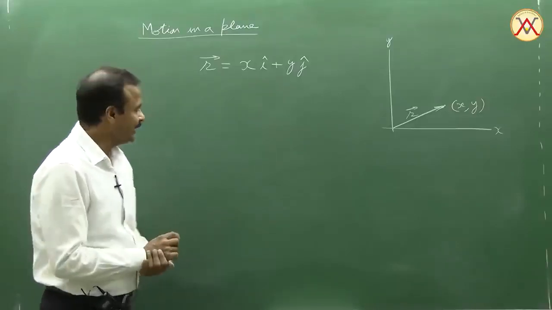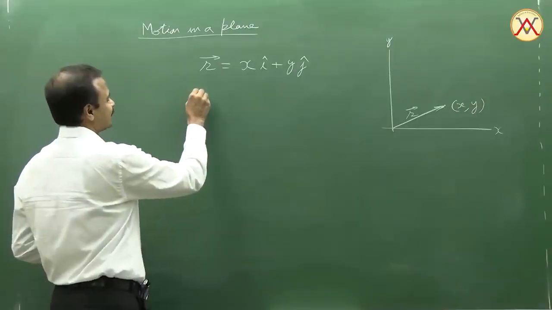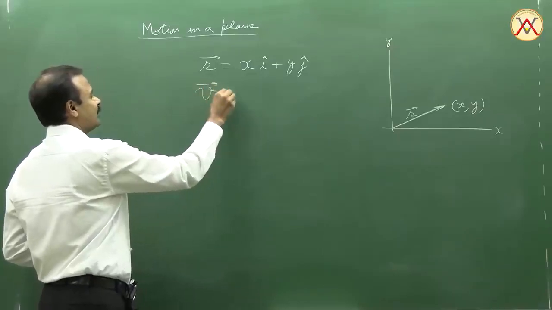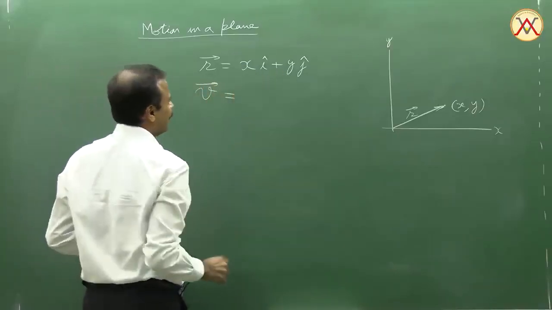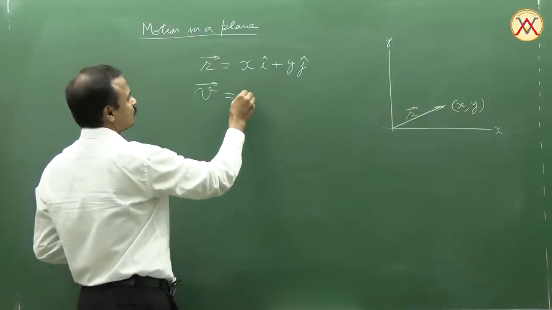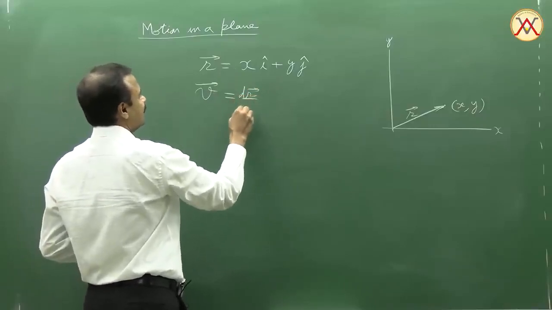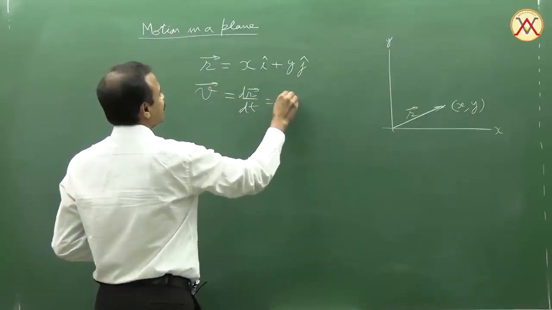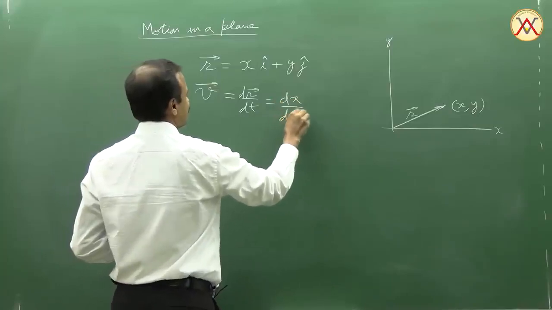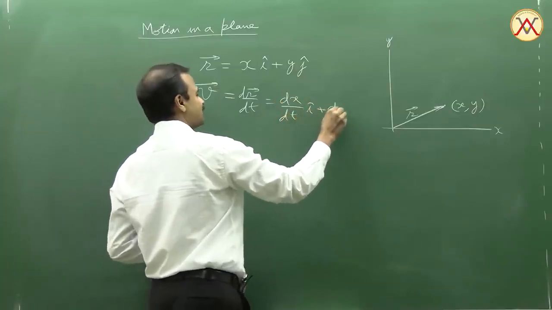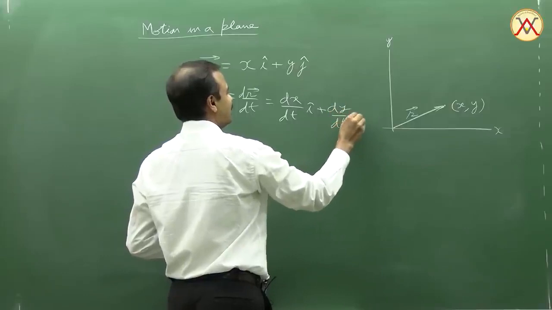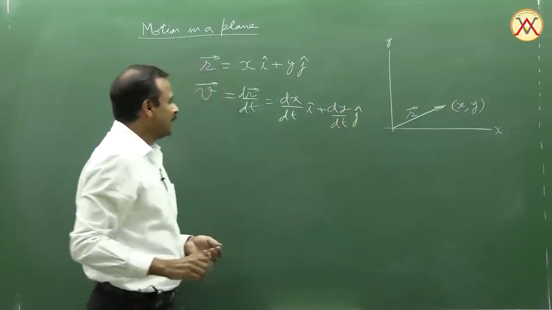We are already familiar with the concept of velocity and acceleration. I can write the velocity of the particle after differentiating this equation. dr by dt will give me dx by dt i cap plus dy by dt j cap.